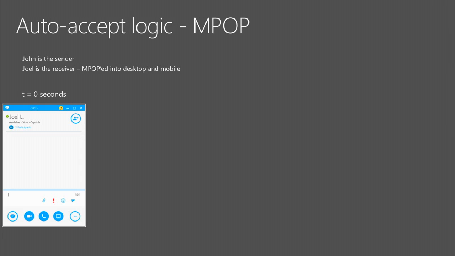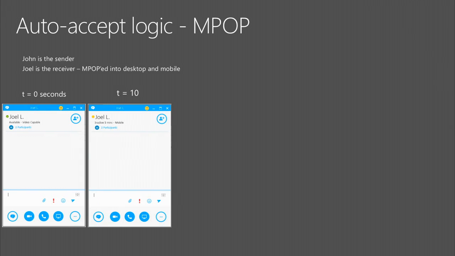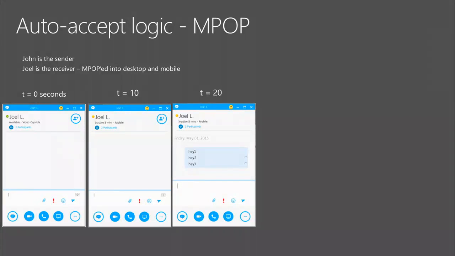Let's say after 10 seconds, Joel has logged out of his desktop, and that will immediately change the status to inactive and mobile. Then at t equal to 20, John, the sender, still wants to send messages, because inactive mobile really means that the user is on mobile but has just come out of the app, or is still available to chat.